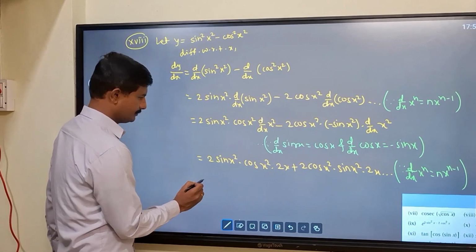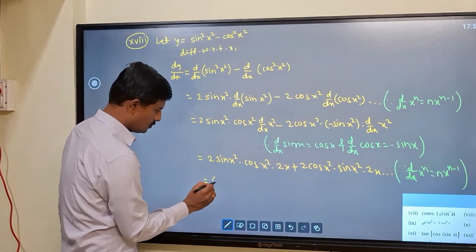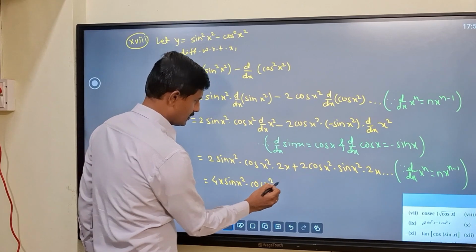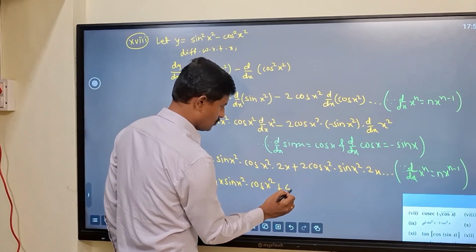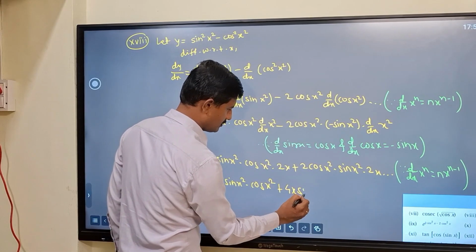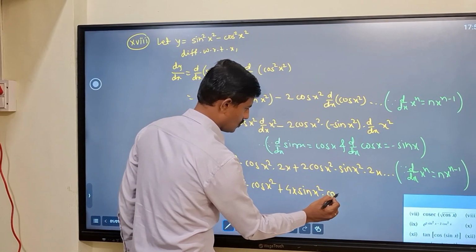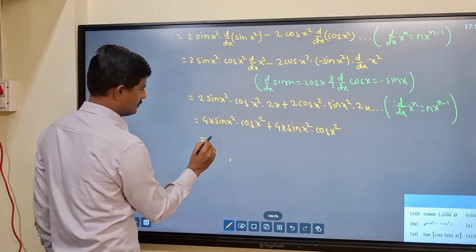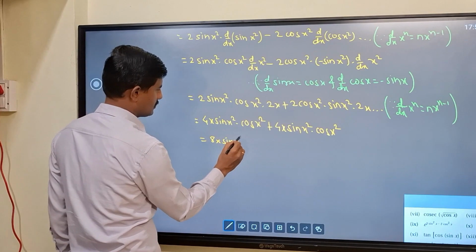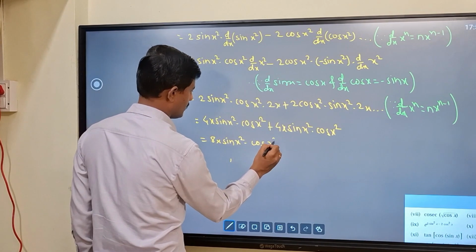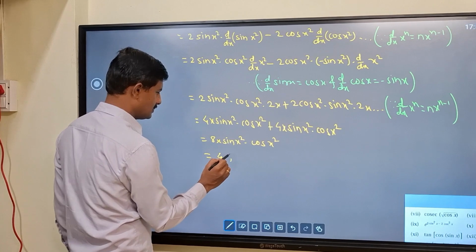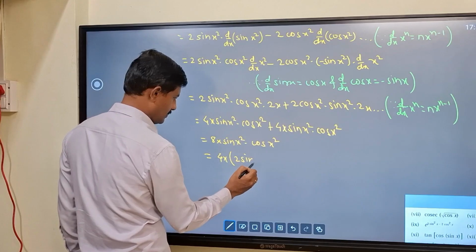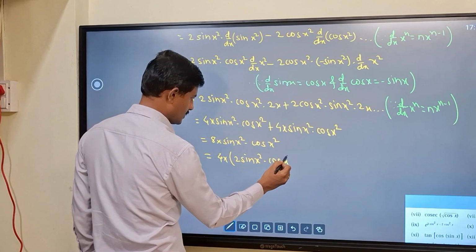Now see, this is 2 into 2, 4x sine x square into cos x square, same 2 into 2, plus 4x. I will write down sine first: sine x square into cos x square, 4 plus 4 becomes 8, this is 8x sine x square into cos x square. But I will write it like this: 4x in bracket, 2 times sine x square into cos x square.